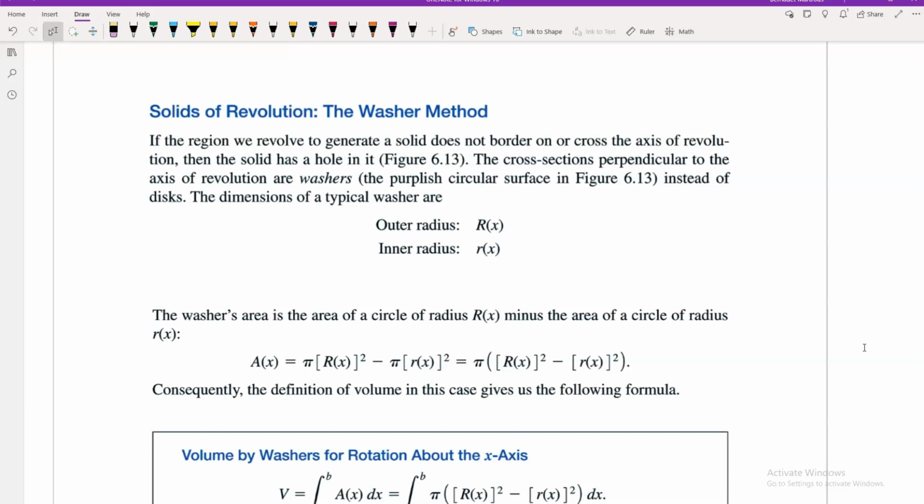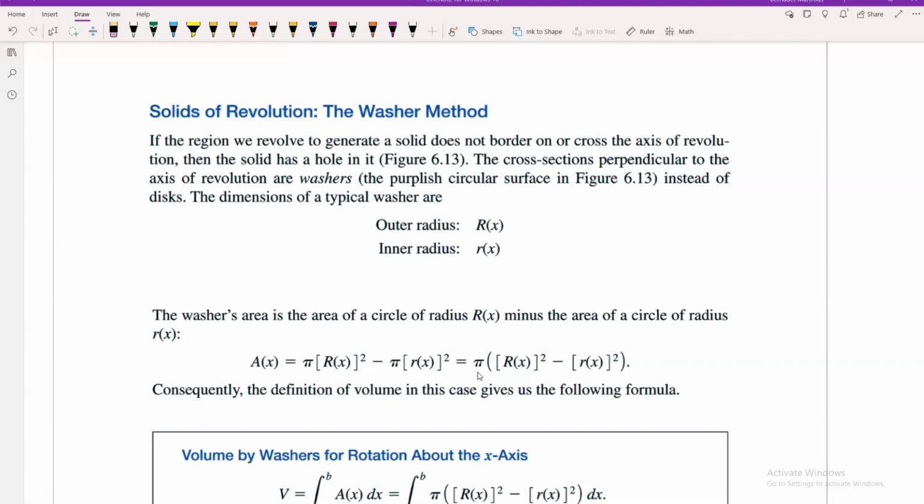The dimensions of a typical washer are outer radius and inner radius. So for outer radius we use uppercase R, and for inner radius we use lowercase r. The washer area is the area of the circle of outer radius R(x) minus the area of the circle of inner radius r(x).